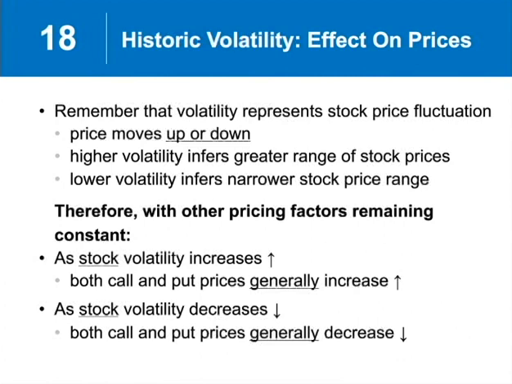It would make sense that as you get a wider dispersion of prices in your underlying stock, the time premiums will increase in the options, but they don't have to. And as historic volatility decreases, generally the call and the put prices will decrease, but again, they don't have to. That's because historic volatility is that measurement that talks about how much the underlying's moved in the past, and we'll get into the difference between it and implied volatility.